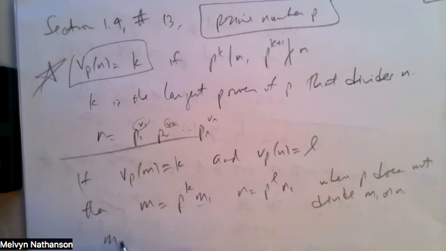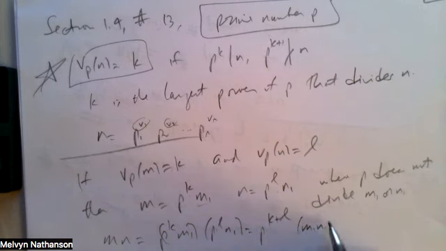But then what is m times n? m times n is p to the k m1, p to the L n1, which is p to the k plus L times m1 n1. And if p doesn't divide m1 or n1, p does not divide m1 times n1.